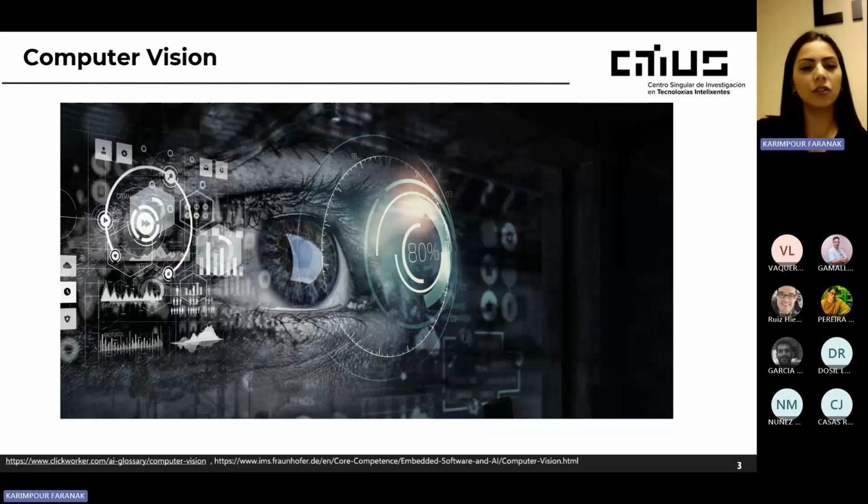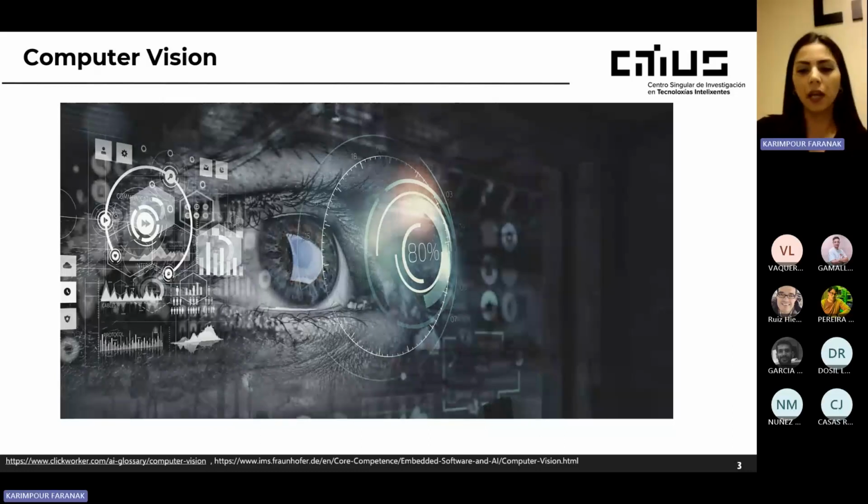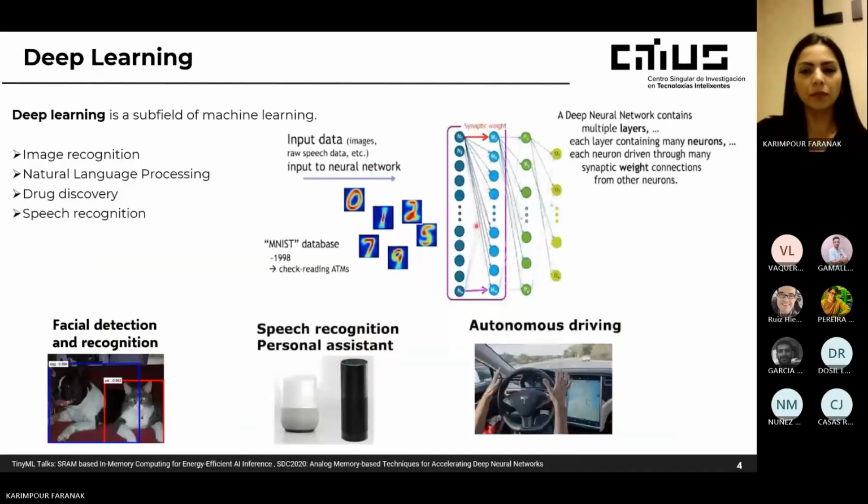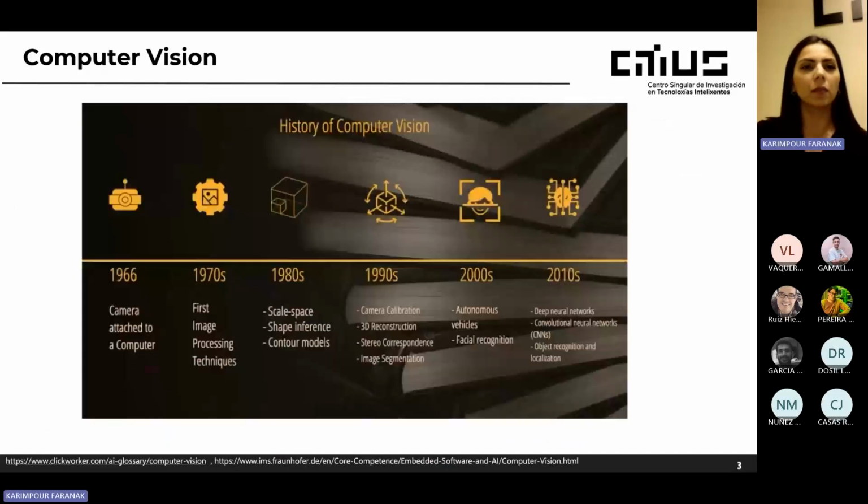Computer vision has a rich history dating back to the 1950s, from early attempts at teaching computers visual understanding to the breakthroughs in 2010 with the advent of deep learning and CNNs. Computer vision has transformed how we approach imaging tasks.